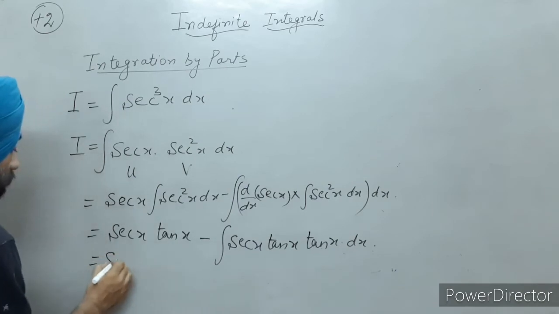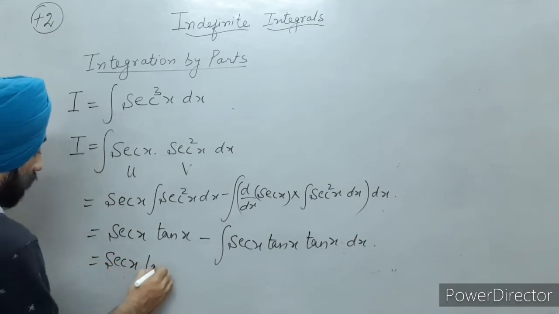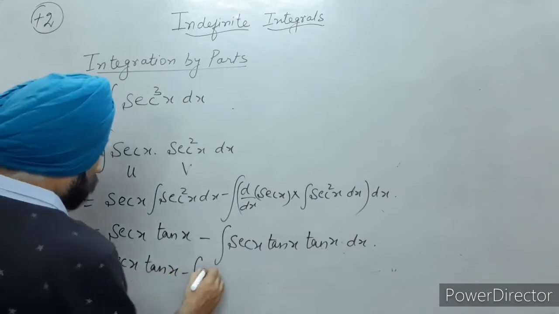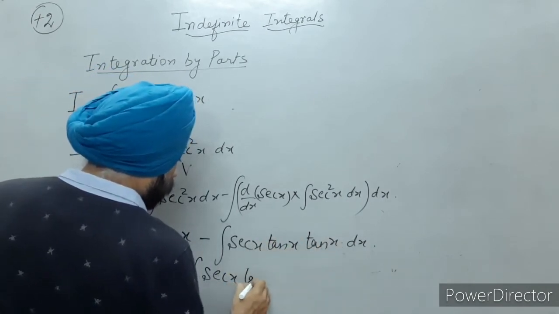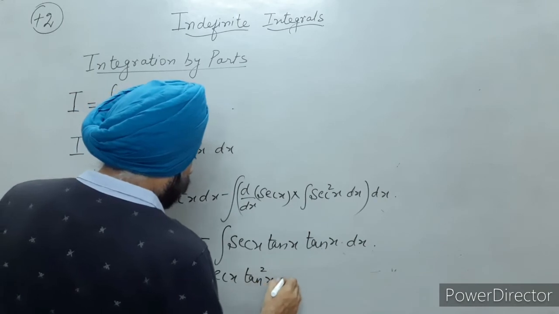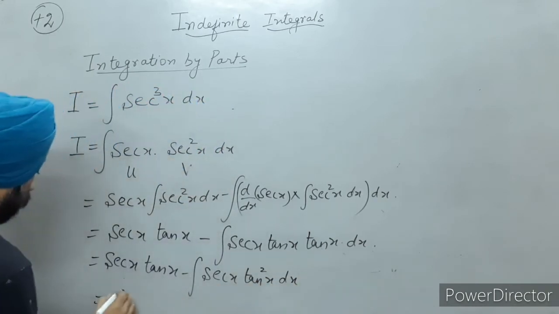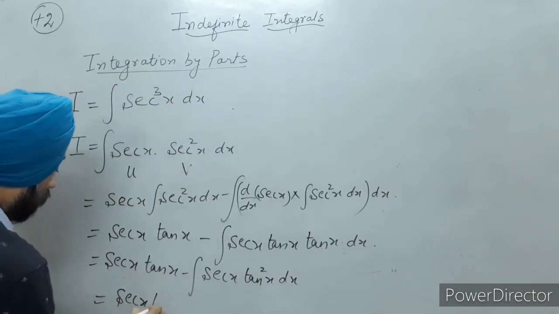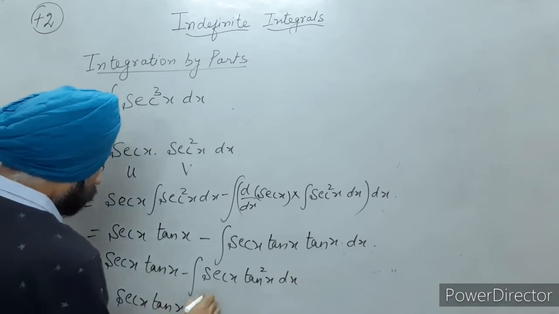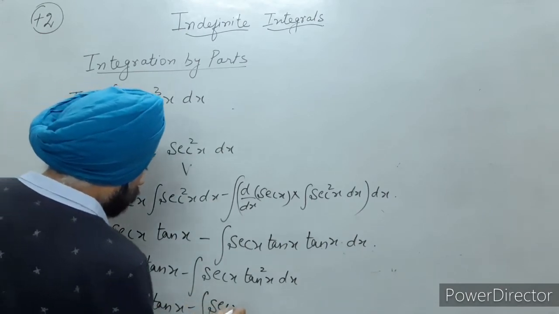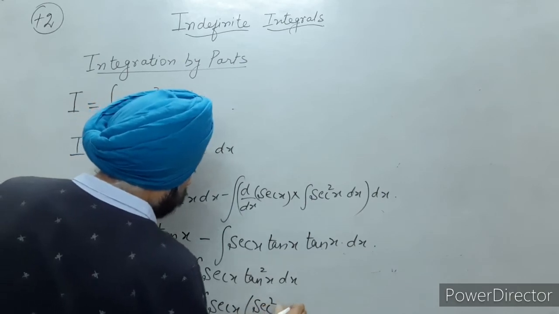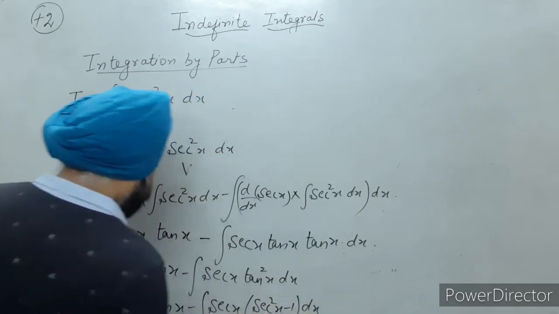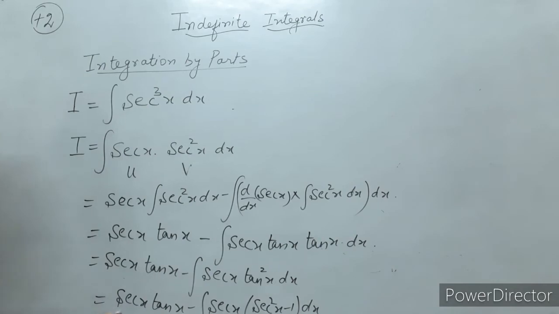It becomes secant x tan x minus integral of secant x tan square x dx. Now it's secant x tan x minus, watch this step, in place of tan square x I can write secant square x minus 1 dx. Now I started with I equals to this.